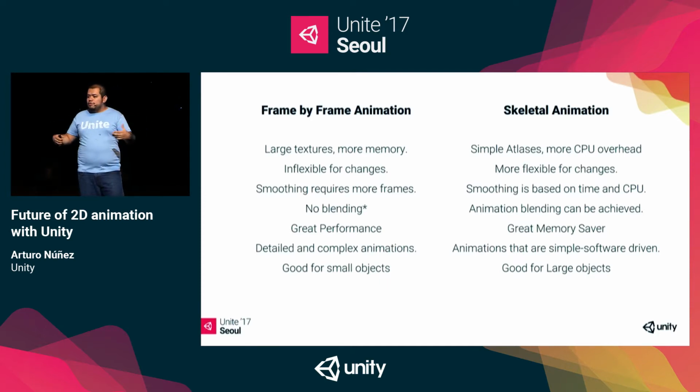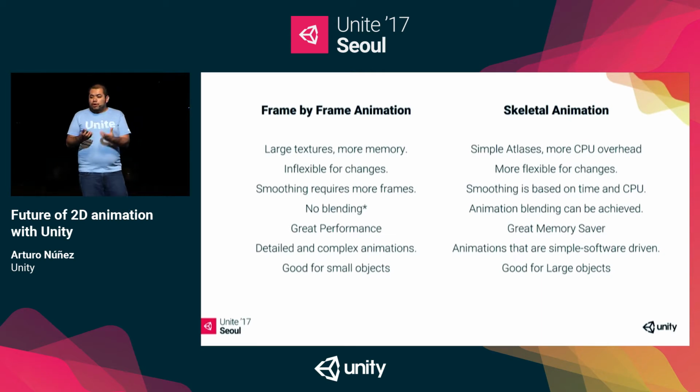If you want to have a huge boss that will be on the screen super close to where the player is looking, then maybe you want to have a skeletal character, because you will want to achieve other animations.